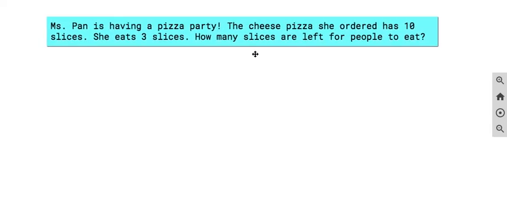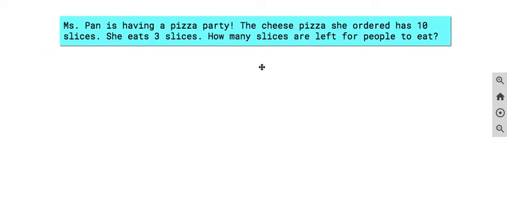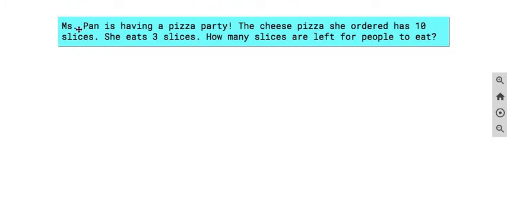Now, this next part is our subtraction problem. I'm not going to share the answer that friends got because we're going to do that in next group, but I am going to set you up in how to figure out the answer to the problem. So, this story reads, Miss Pan is having a pizza party. The cheese pizza she ordered has 10 slices. She eats 3 slices.